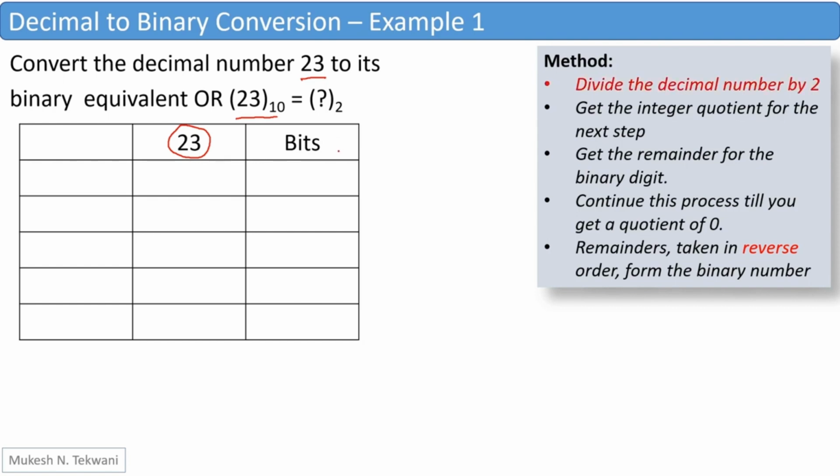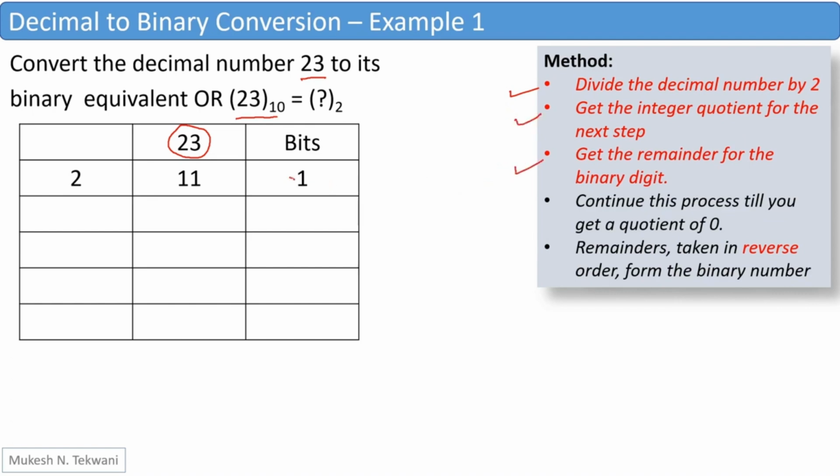So we'll start by first dividing the decimal number 23 by 2, and therefore I'll write here the divisor as 2. 2 goes 11 times in 23, so 2 times 11 is 22, and that leaves us with a remainder of 1.